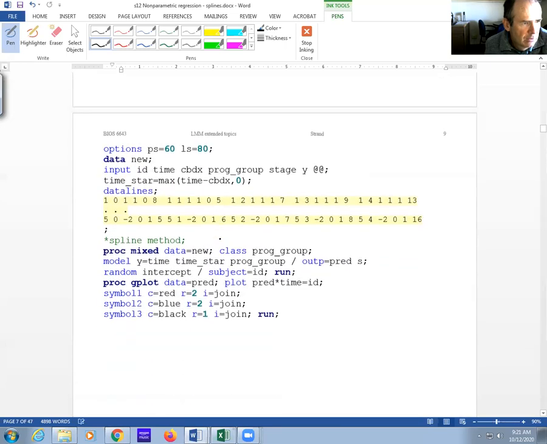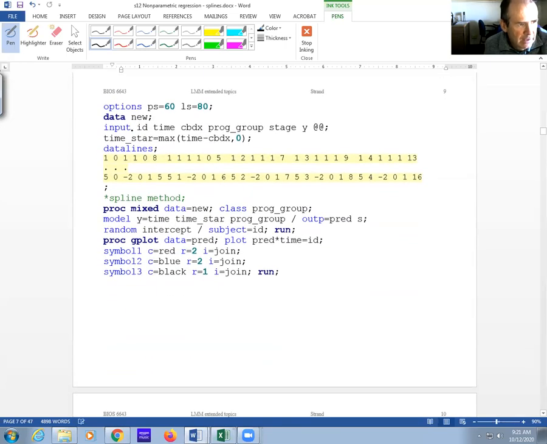So here's our code. What you do in your data step is you create that knot. I have my regular data set, and now I just want to add this new term that will allow that change point. It's the max of time, that's our x variable, and CBDX, and that's subject specific. That'll allow each subject to have their own knot, at their own time point.